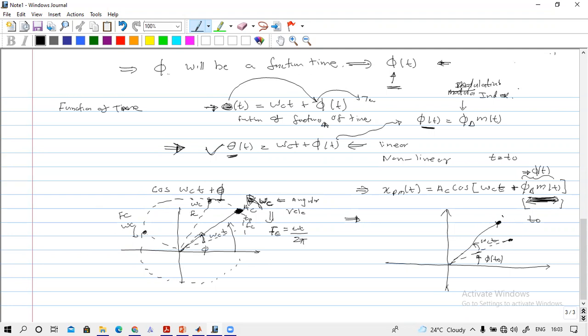The velocity is nothing but omega c plus phi dash t, no? This is not a linear one. We don't know how this phi is changing according to time. Anyway, if we consider the velocity at any point, it will be equal to omega c plus phi dash t.